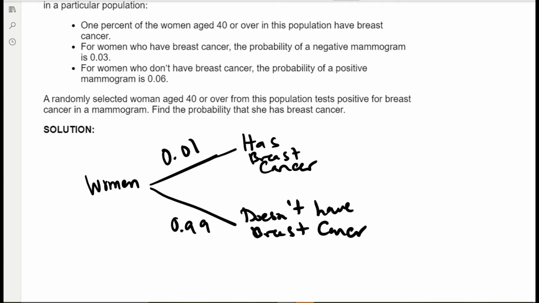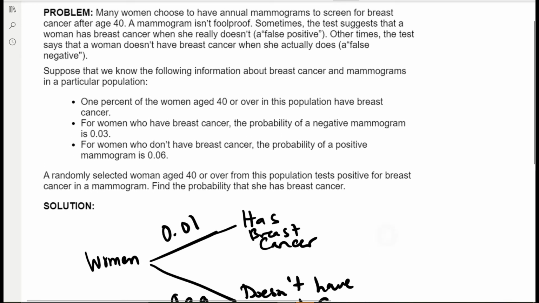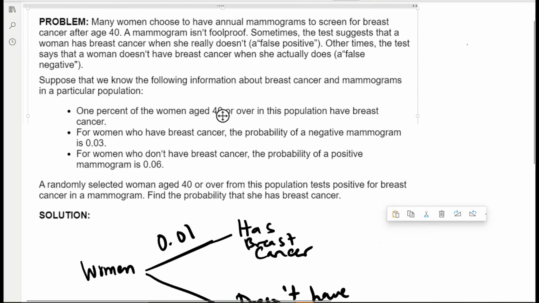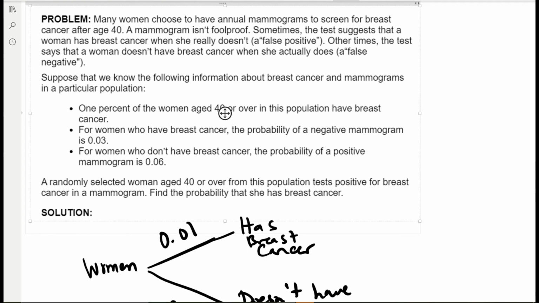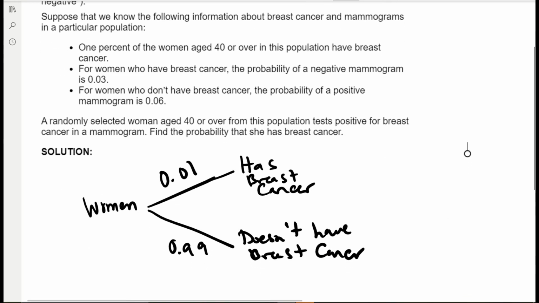Okay, so of the 1% of women that have breast cancer, we're going to be looking at whether they test positive or negative, right? For women that have breast cancer, the probability of a negative mammogram is 0.03.